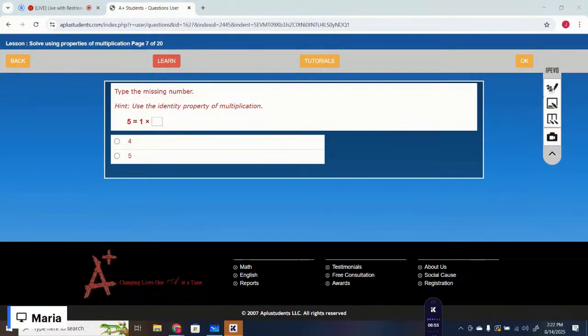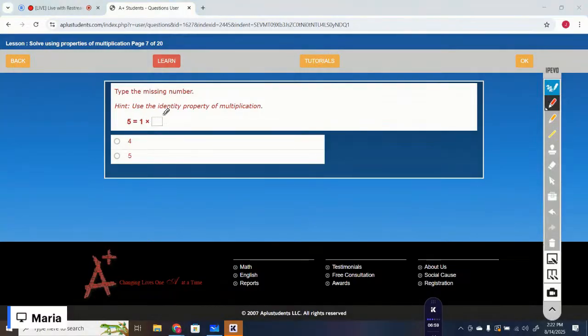Type the missing number. 5 is equal to 1 times 5.